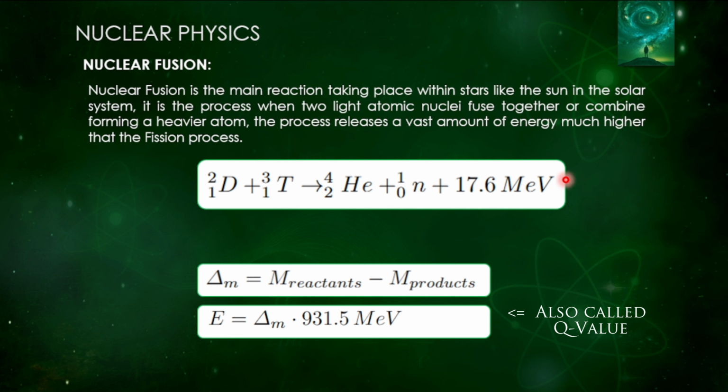Now, you would think that 17.6 is a very small value. Actually, we're talking about very light particles or atoms. It's unlikely for a deuterium and a tritium to release 17.6 mega electron volts of energy, especially since we're talking about very light atoms. All right.